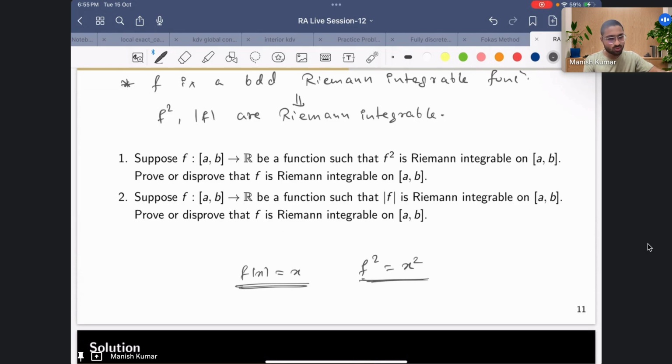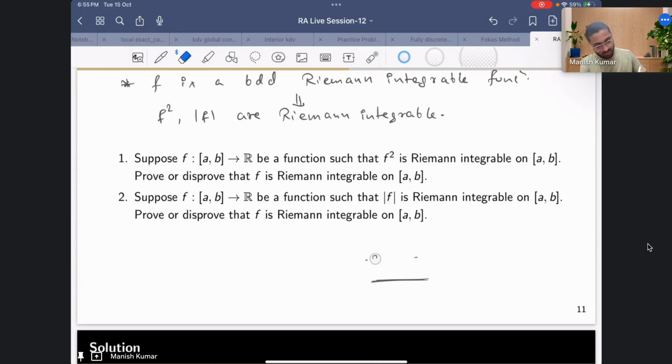You already hinted, like in the last example, similar kind of example would work here, right? Can you think of some example now? Such examples we have seen a lot of times.